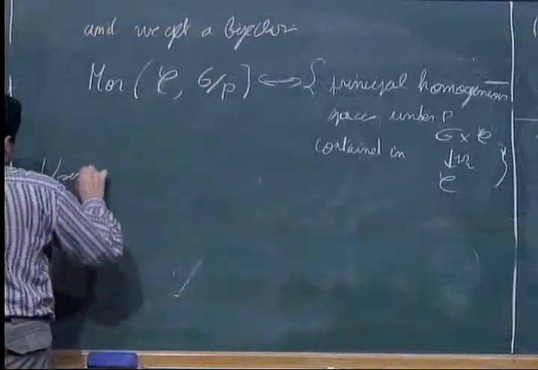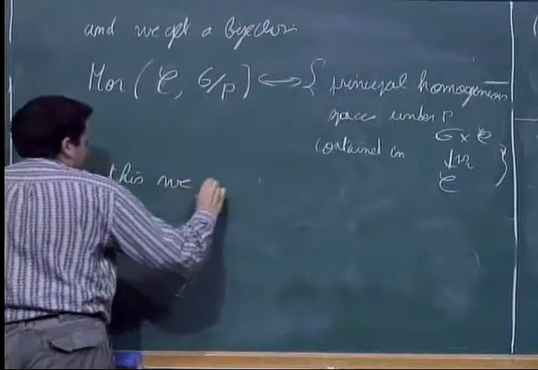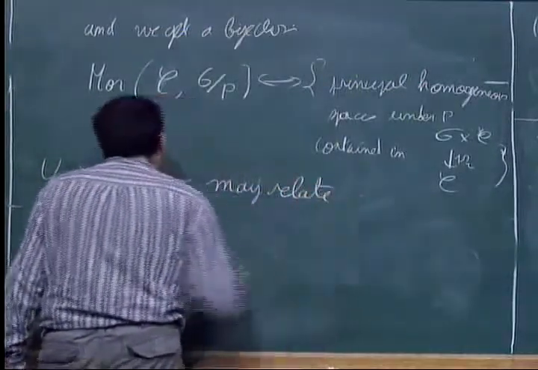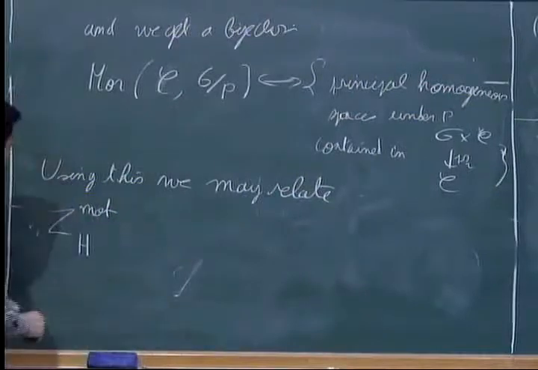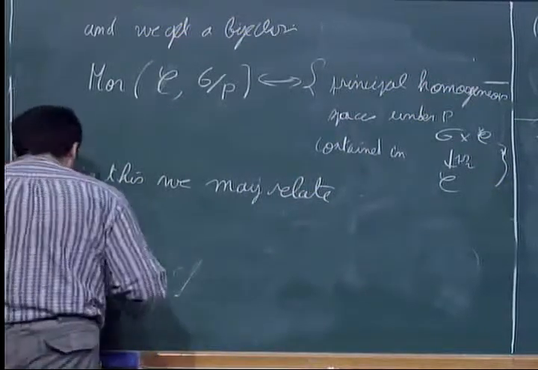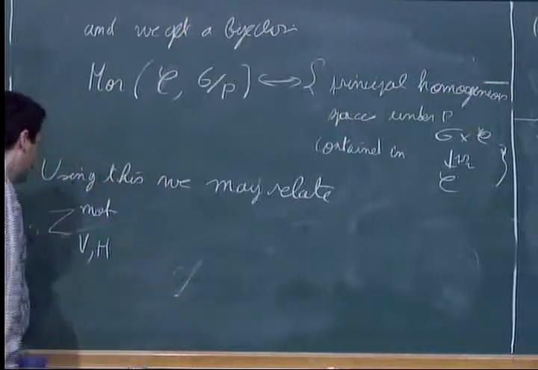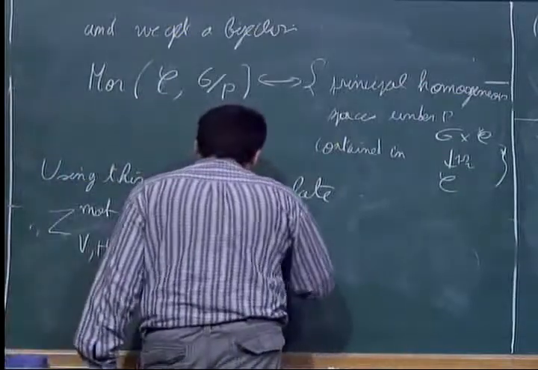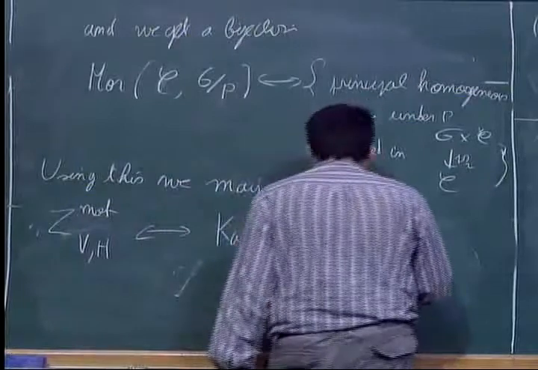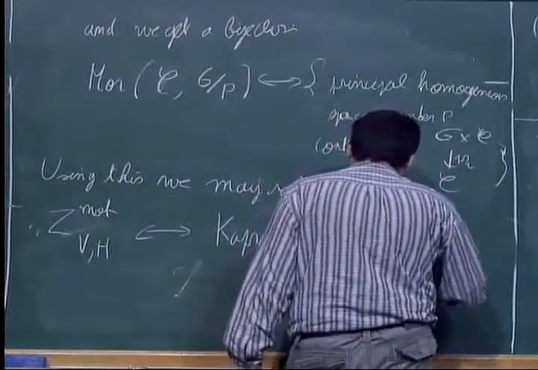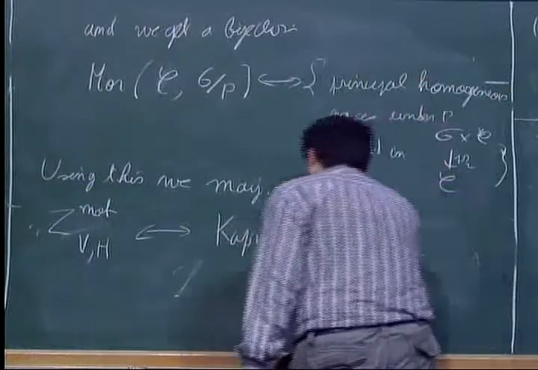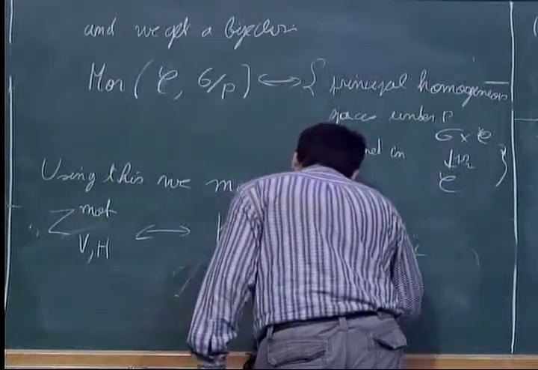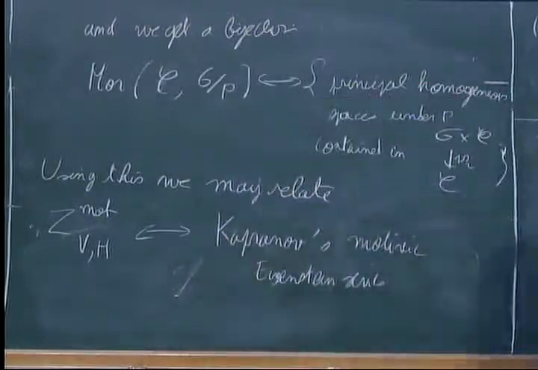So, using this, we may relate the motivic height zeta function for V to the work of Kapranov, motivic Eisenstein series.